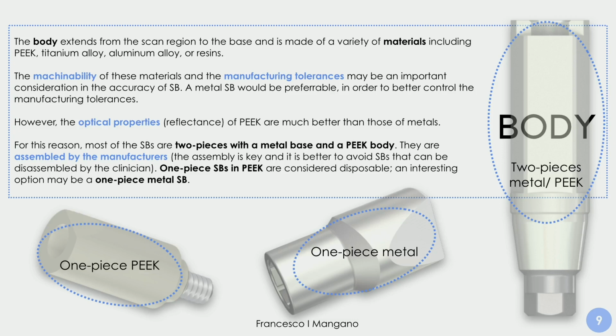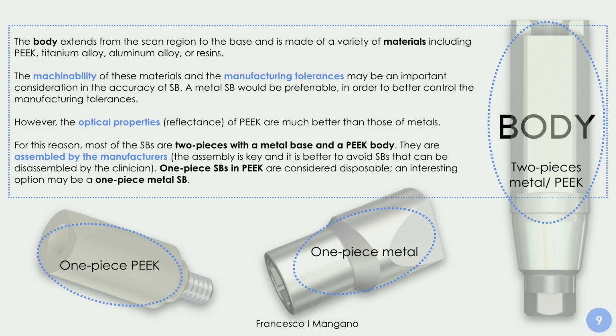So the best thing is to have a compromise between the optical properties, where it's better to choose PEEK, and the machinability, because you need to understand that PEEK is a very difficult material to machine and to work on, because there are changes in the temperature while preparing it, and there can be distortion, there can be contraction. So it's quite more tricky to mill and to turn polyether ether ketone than to work on the metals.